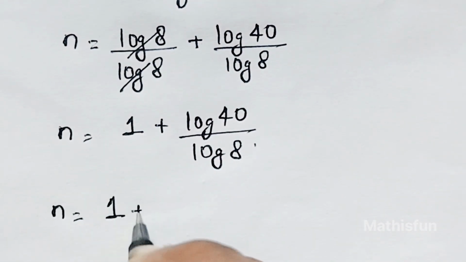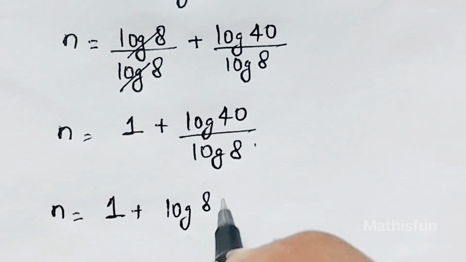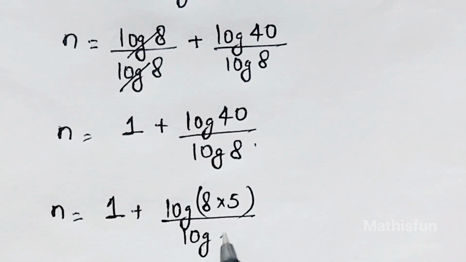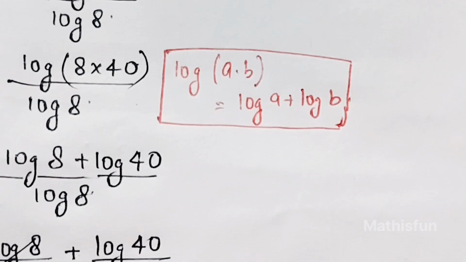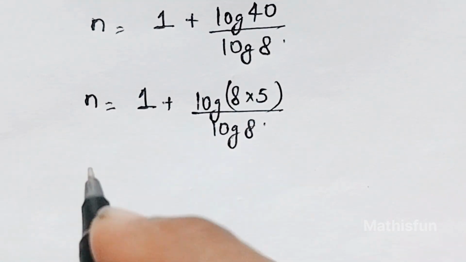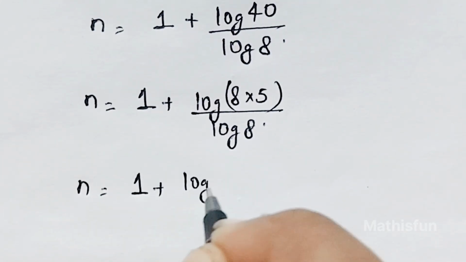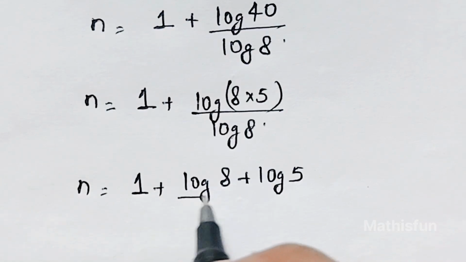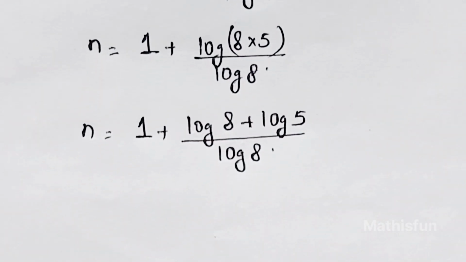n is equal to 1 plus log 40 over log 8. Log 40 can be written as log 8 into 5, which is again in the form of log a plus log b. Now n is equal to 1 plus, now we'll take log 8 plus log 5 over log 8.